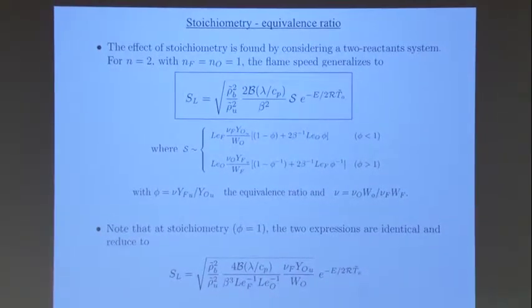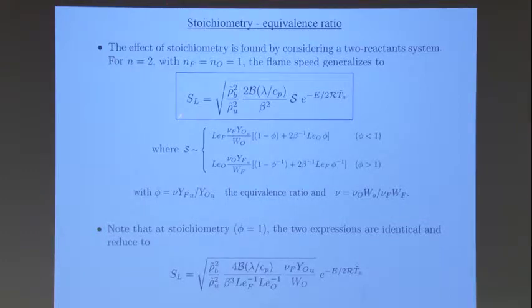The first one is, if we were to generalize this expression for a mixture which is not necessarily lean, then there is an additional factor that shows up, S. S stands for maybe the stoichiometric effect, and this is the difference between a lean and a rich mixture.